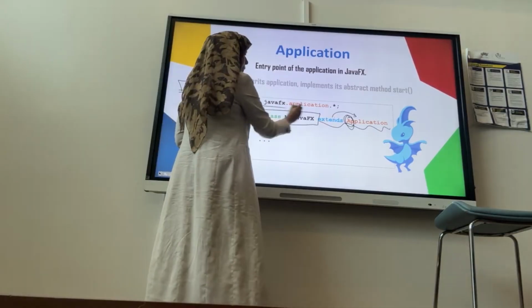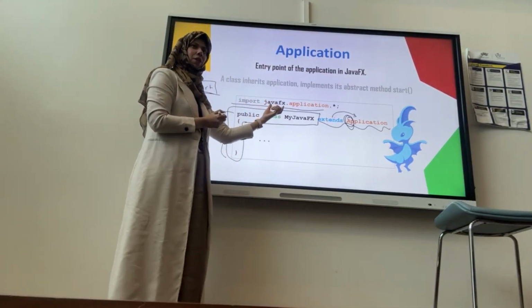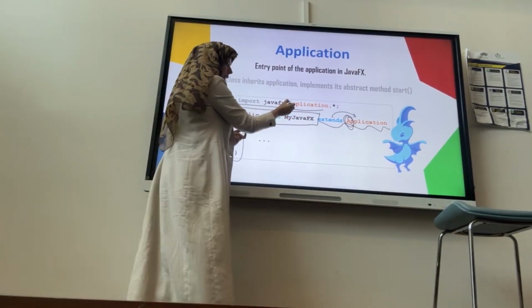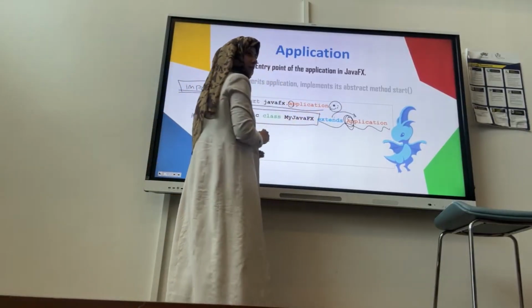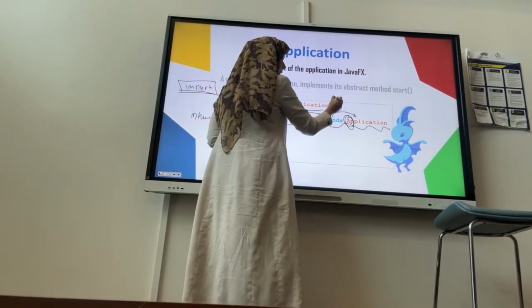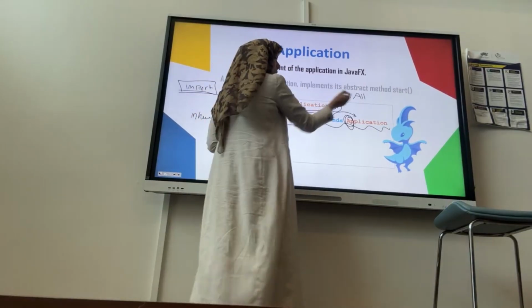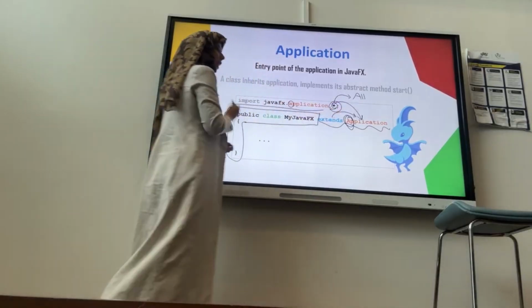Now, with the import statement, I need to say, okay, I'm importing the JavaFX framework application library, with a small a, dot, asterisk, and this asterisk indicates what? Everything. Including which class? The Application class, thank you.